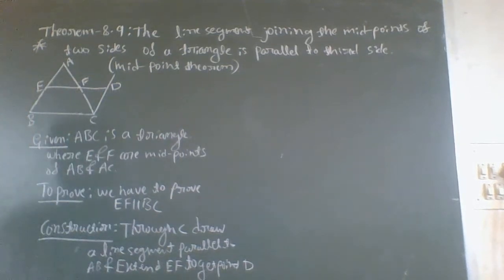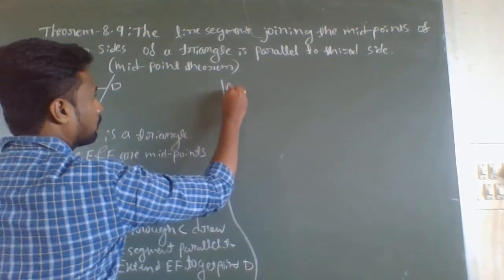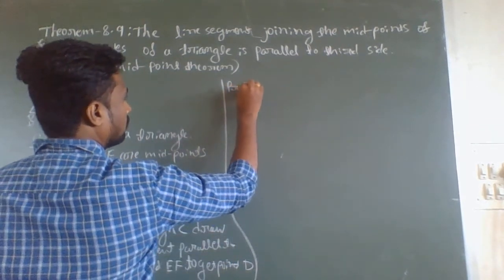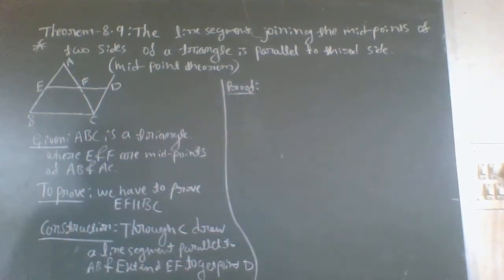So now here proof. What we have to prove? This EF is parallel to BC.